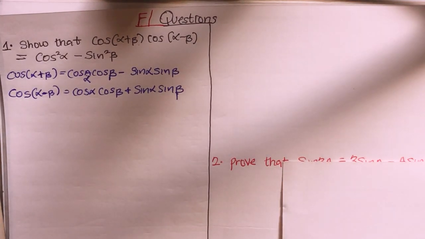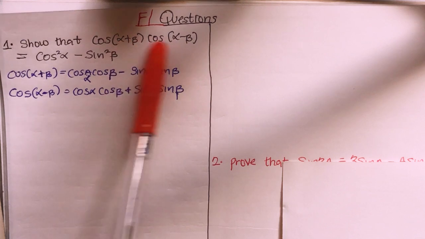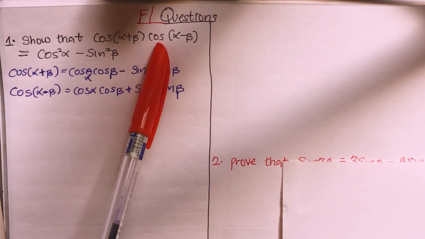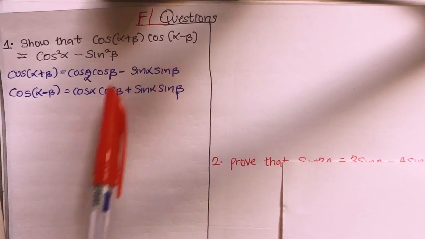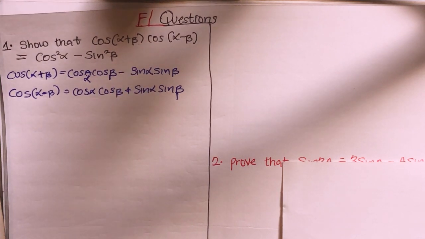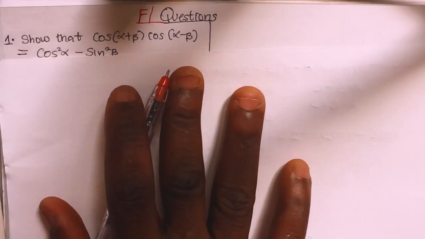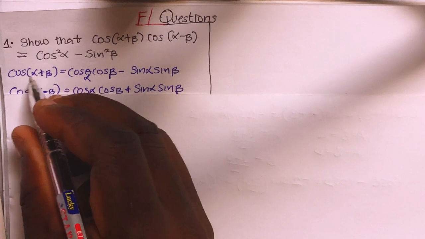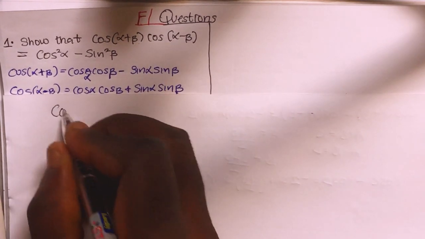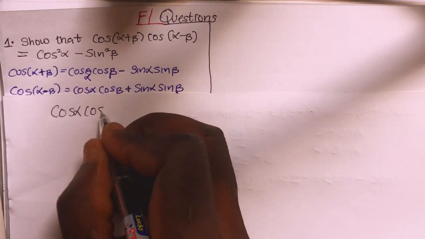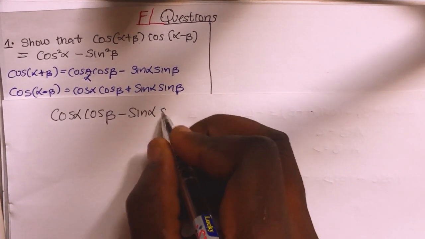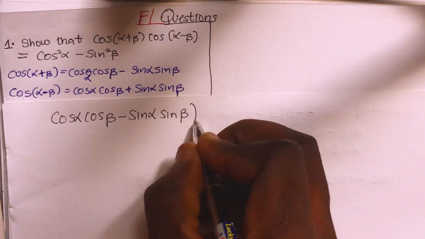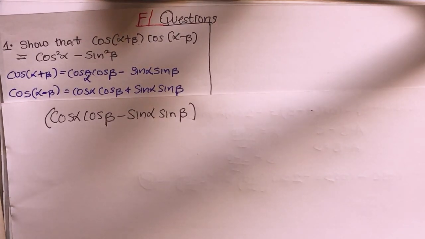Looking at this very well, I'm having a multiplication operation here, so I'm going to multiply these two together. On my side, I'm having cos alpha cos beta minus sine alpha sine beta, enclosed inside the bracket.